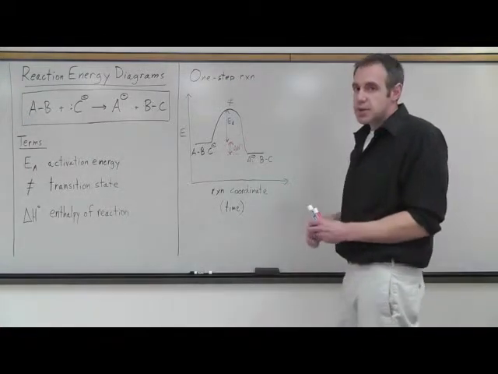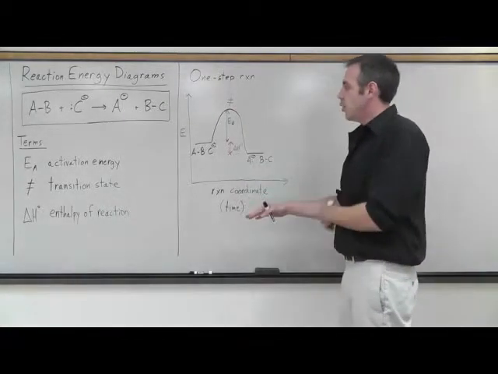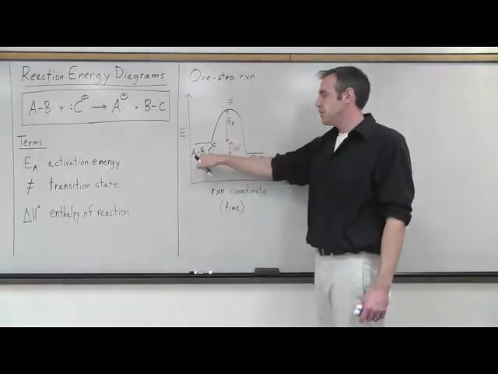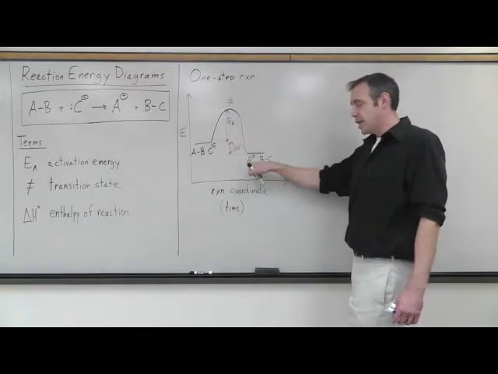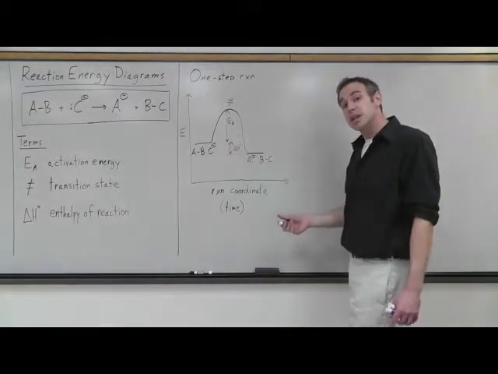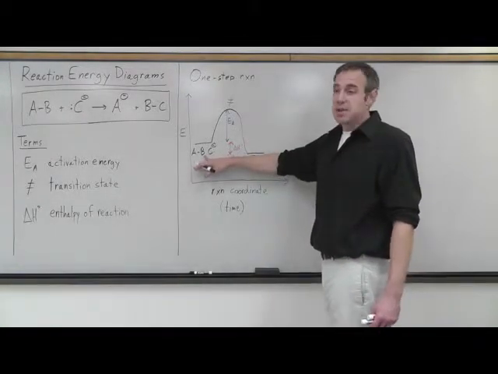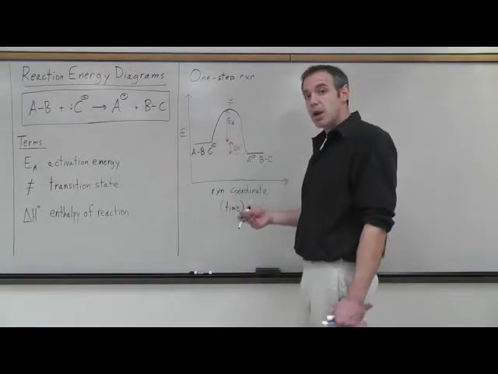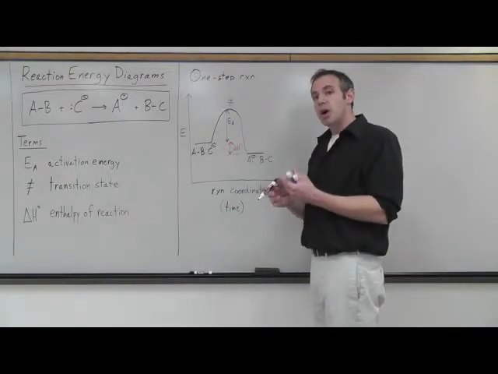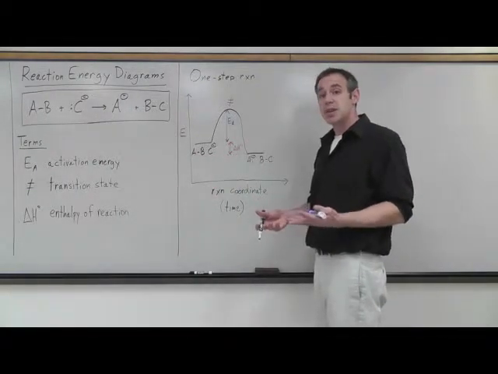In this one-step reaction, let's think about what the transition state might look like. On this side, A is bonded to B, and C is not bonded to anything. On this side, A is not bonded to anything, and B is bonded to C. So in the middle, A must still be somewhat bonded to B, and C must be somewhat bonded to B as well. It's a position where a bond is breaking and another bond is being made simultaneously.